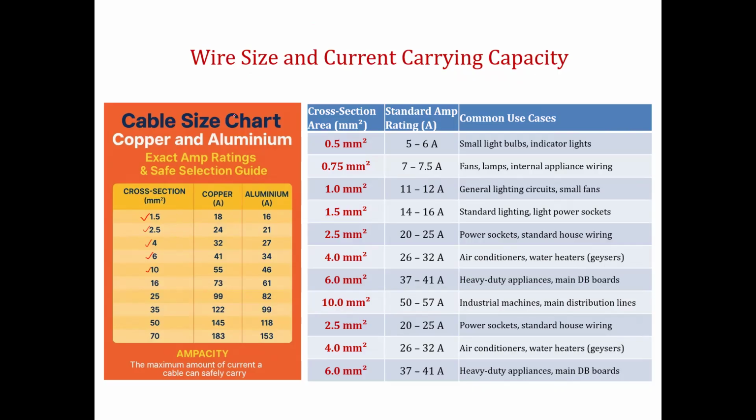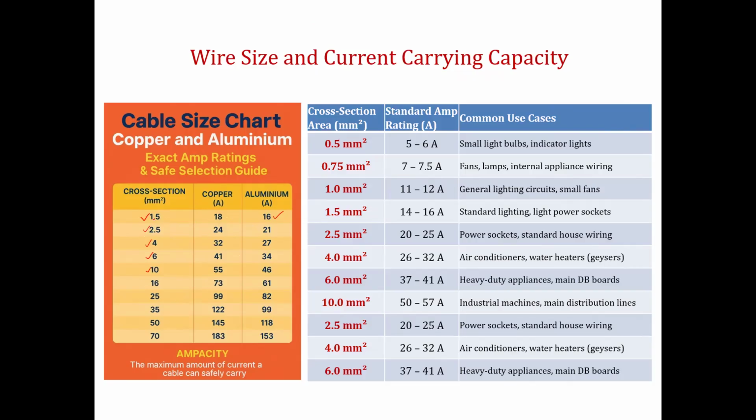So a 1.5 square mm copper wire carries 18 ampere, whereas aluminum handles only 16 ampere. If you want to use aluminum wire, the size should start from 2.5, because aluminum is ductile, and when you bend the wire, it is going to break.